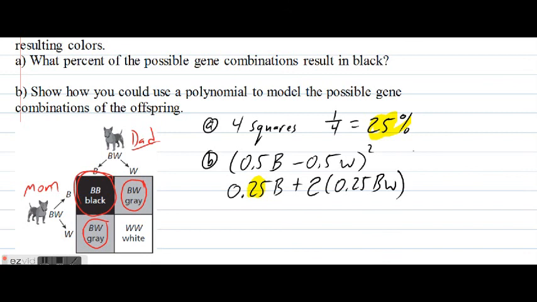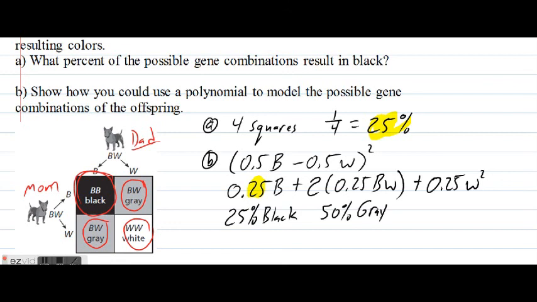Plus, now there's 25% chance that the puppy is just going to be white. So 0.25 that the puppy is going to be white. Alright, so W times W, that's where the W squared comes from. So what this is saying is there's a 25% chance that the puppy is just going to be black. 2 times 25%, or 50% chance that the puppy will be gray.